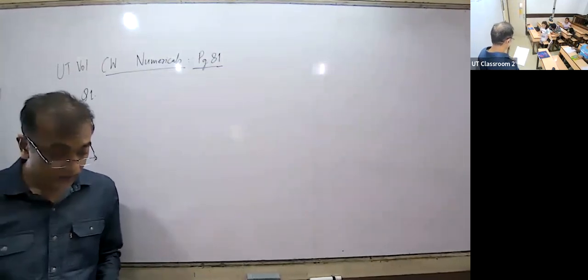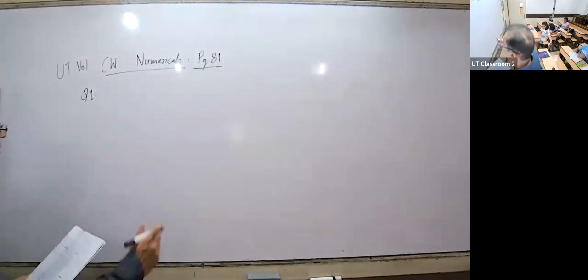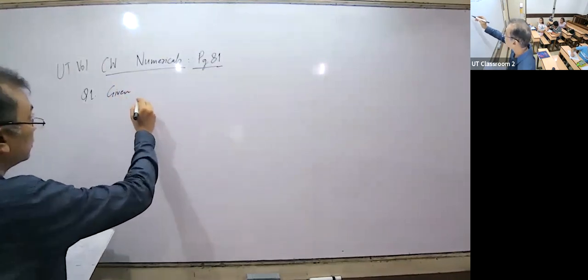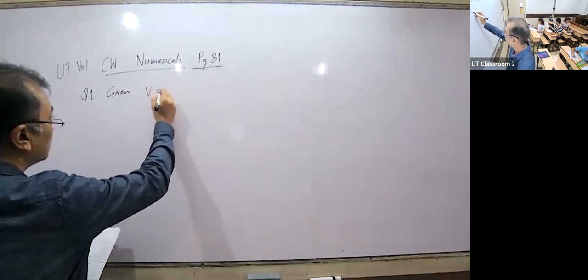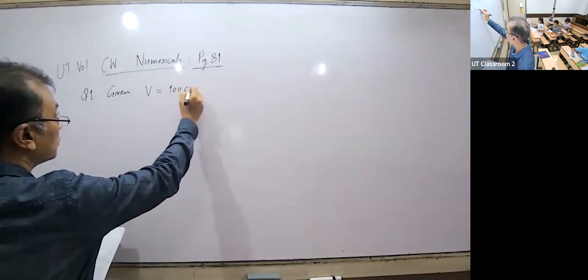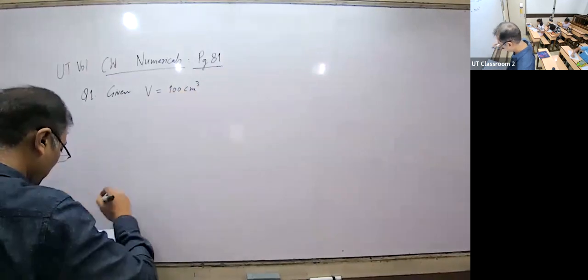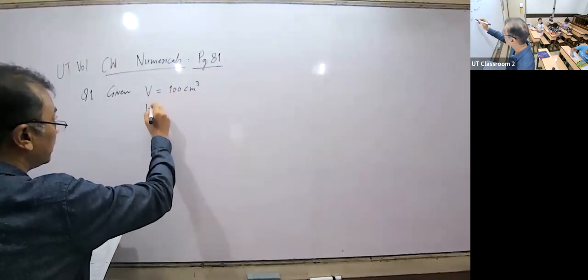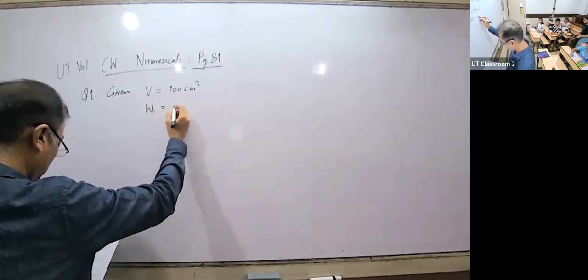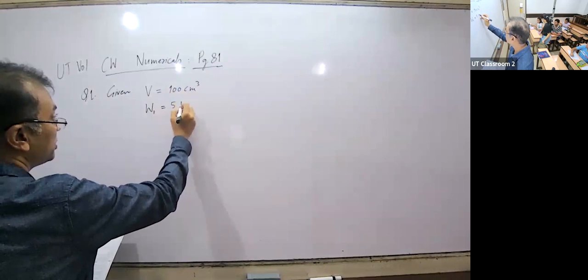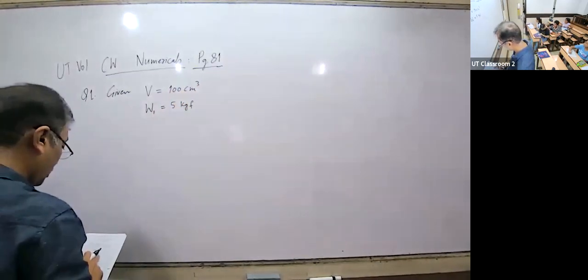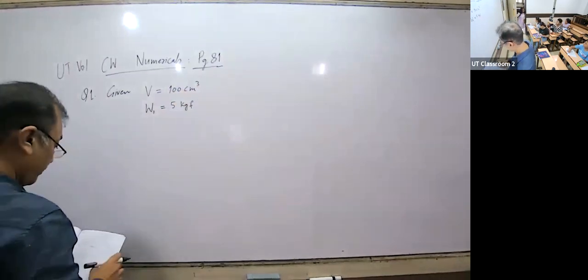So what is given? The body of volume 100 centimeter cube. Then we have its weight in air, W1, which is given as 5 kgf.